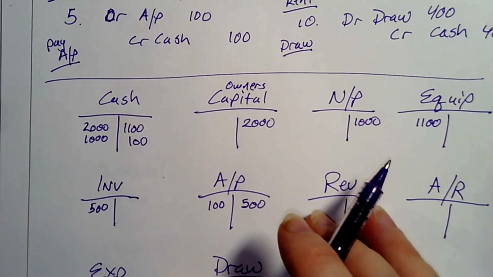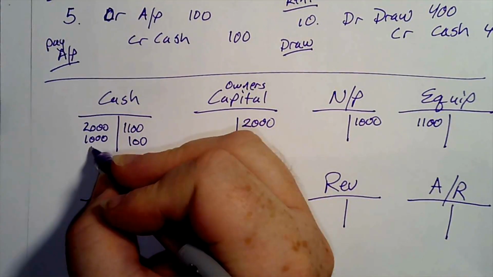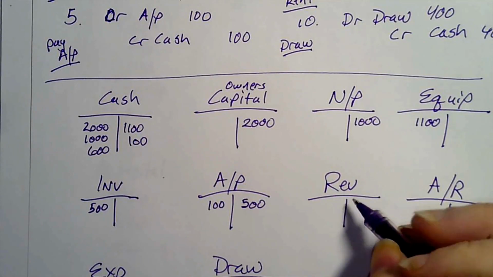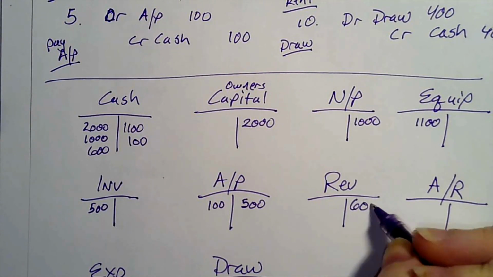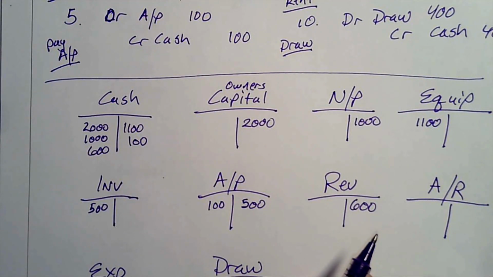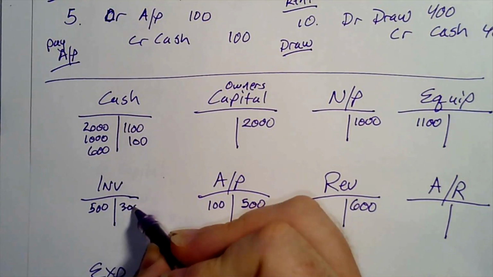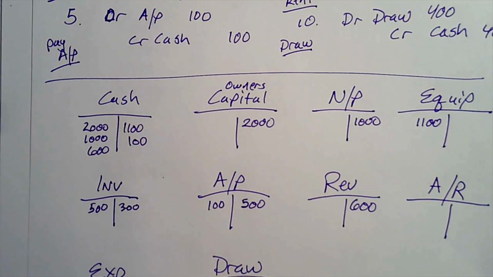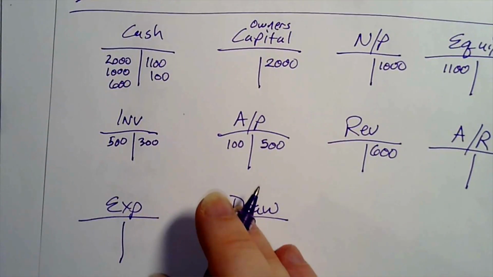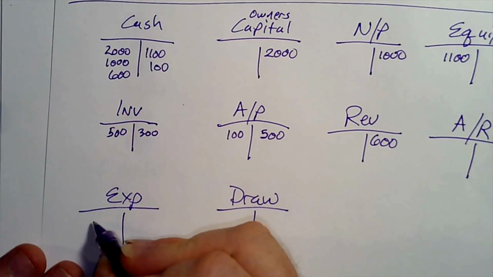Number 6 was we had $600 in cash, and that was because we did a sale. So revenue went up. Now, what did we sell? We sold $300 worth of inventory. So inventory went down by $300, and our expense, cost of goods sold, went up by $300.